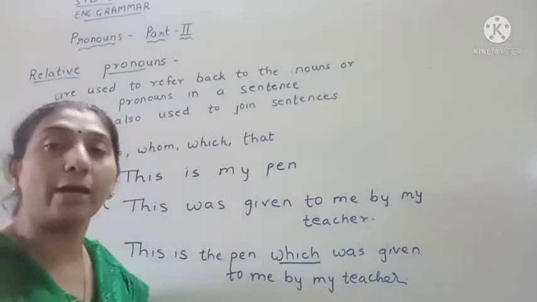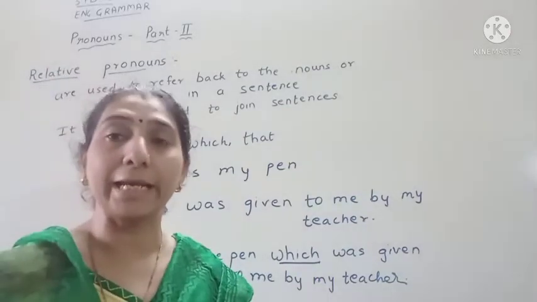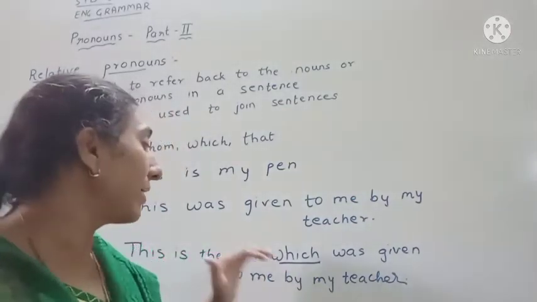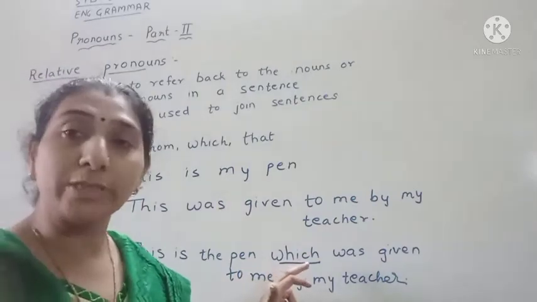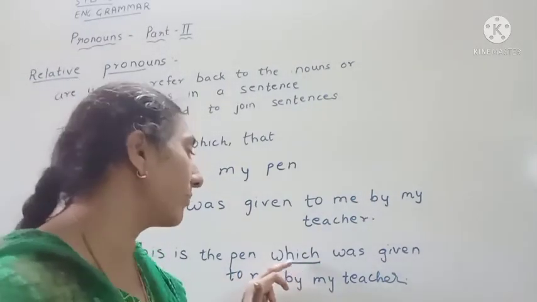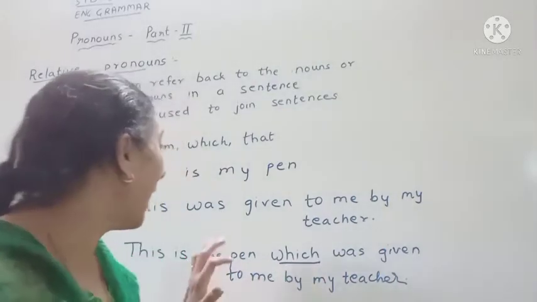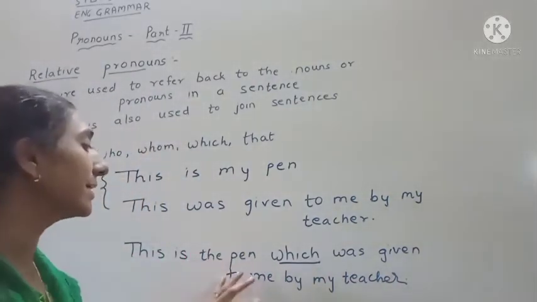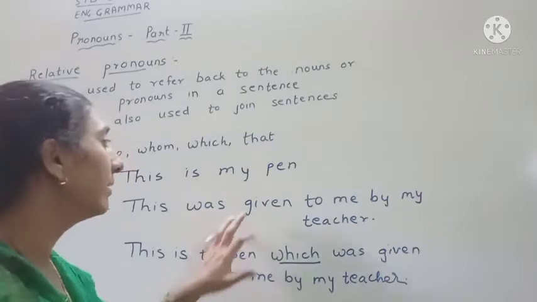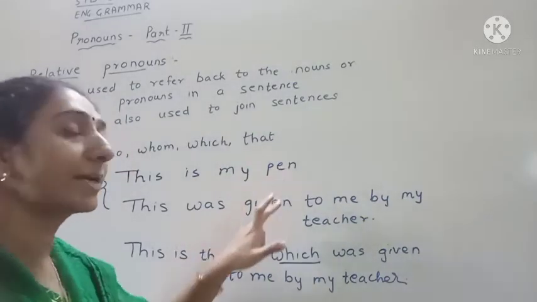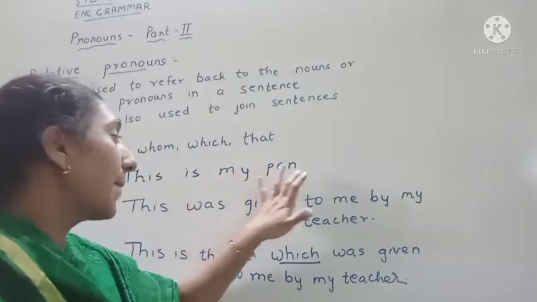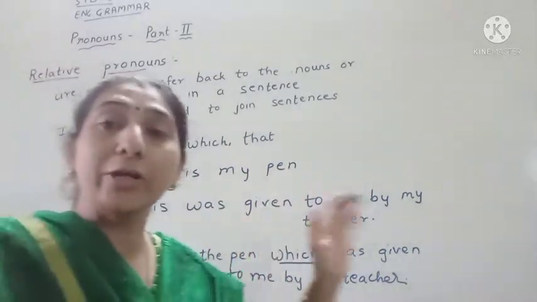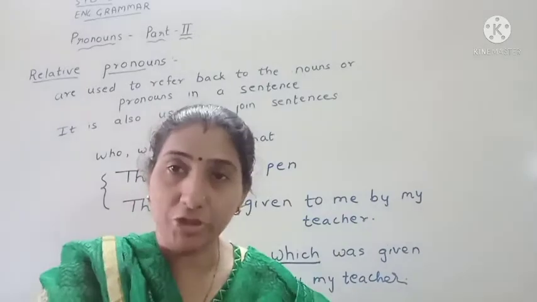So which here is the relative pronoun. When we join two sentences by using a pronoun, that pronoun is called a relative pronoun. And here we are discussing the pen. In both sentences we are discussing the pen. This is my pen. This was given to me by my teacher.